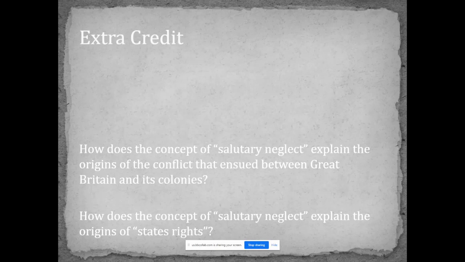Essentially, what you had was 13 independent states that came together because they had a common enemy, Great Britain. And so when they win the war and are able to defend their independence from Great Britain, then they're going to come together as 13 independent states trying to figure out, well, how do we govern ourselves, right?